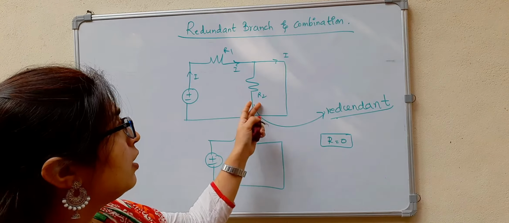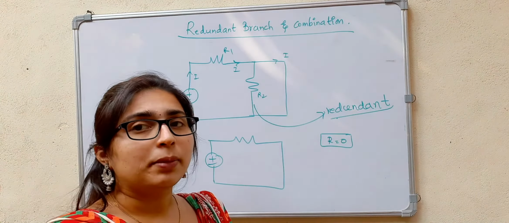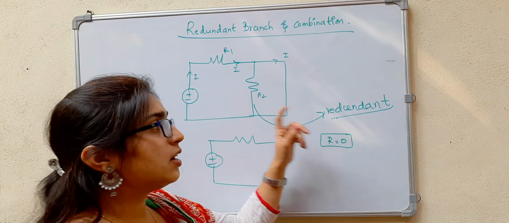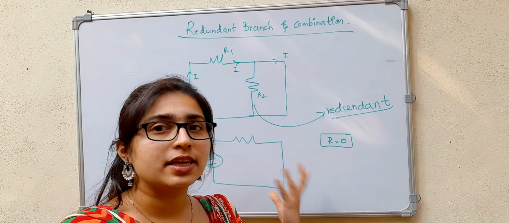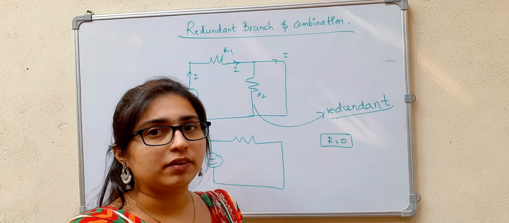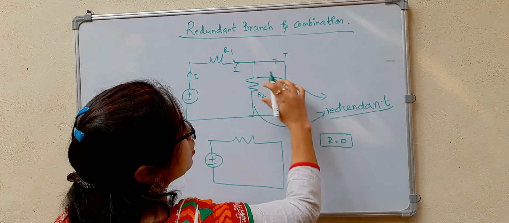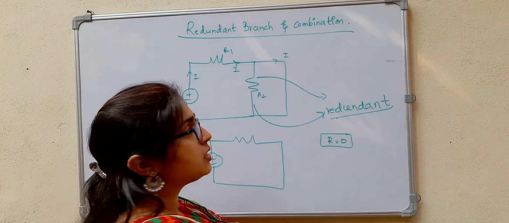So I can eliminate this from the circuit. But remember, while calculating the power, you should not consider this as redundant because there will be some effect in the power calculation. Okay. So this is called redundant because across this we have a short circuit.